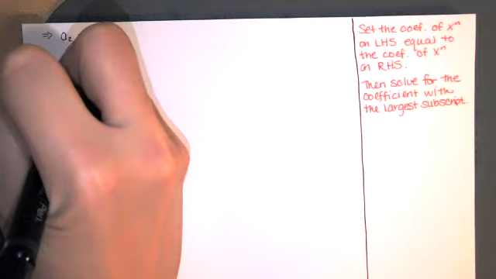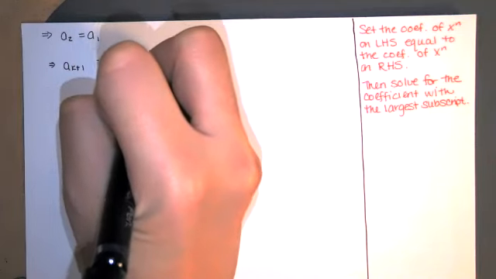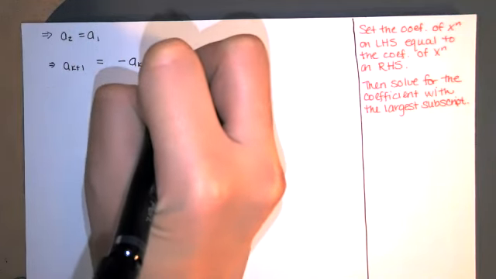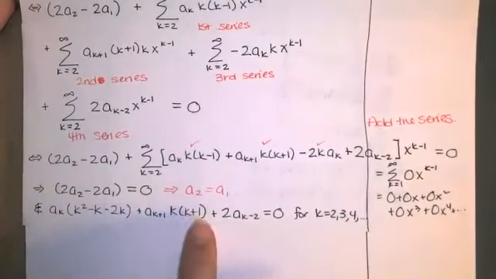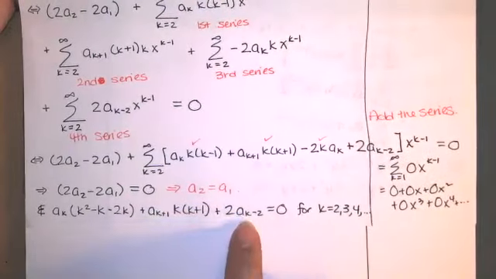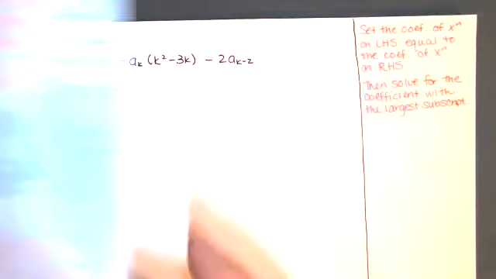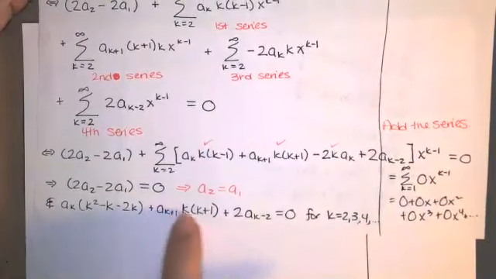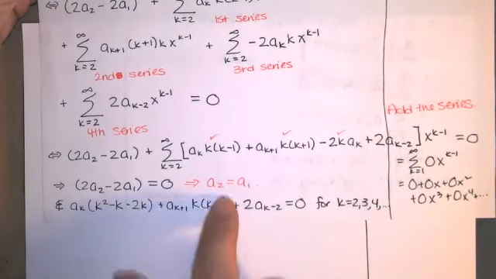So we'll have a sub k plus 1 is equal to negative a sub k times k squared minus 3k. That's the simplified version of this. And then I'm subtracting this from both sides as well, so I'll have minus 2 times a sub k minus 2. And then that will be equal to this, but I want the a sub k plus 1 by itself, so I'll divide both sides by the k times k plus 1.